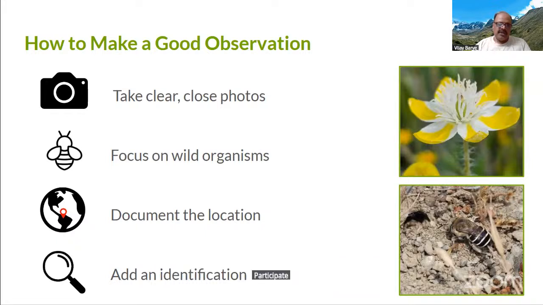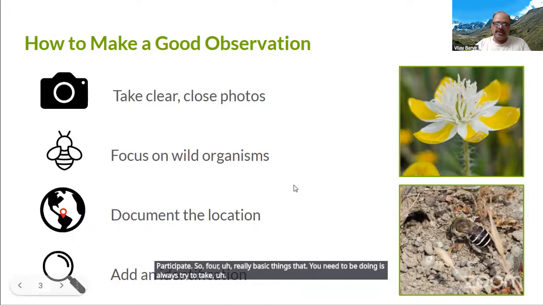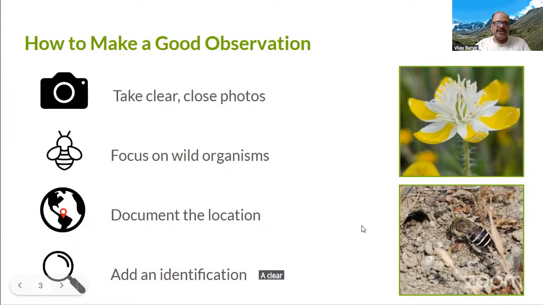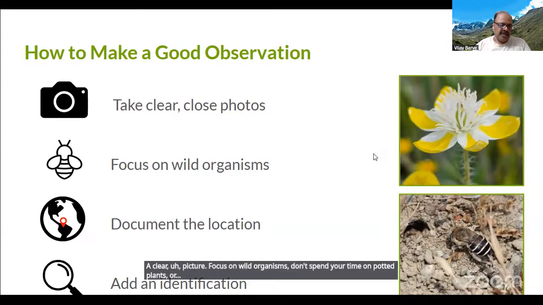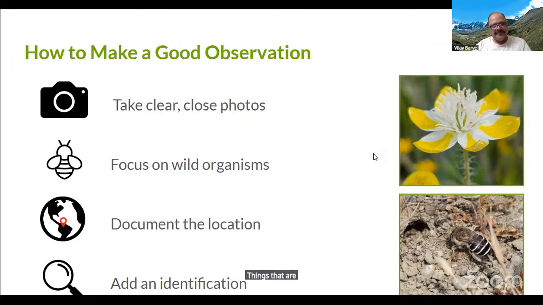So four really basic things that you need to be doing: always try to take a clear picture. Focus on wild organisms. Don't spend your time on potted plants or things that are pets.